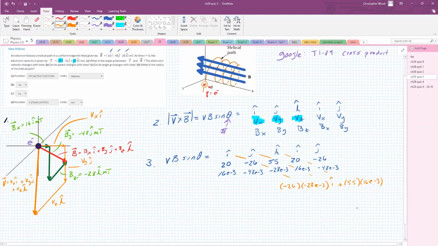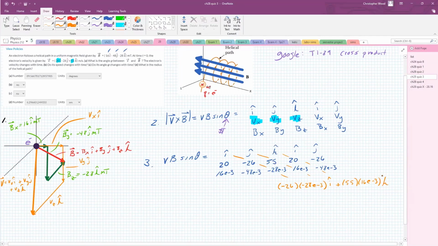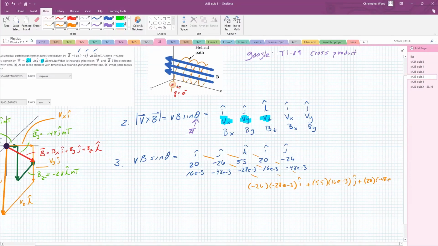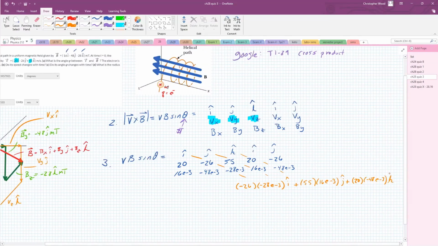I'm leaving off units because I know what they are. 55 times 16 e minus 3 j hat, sorry. And last but not least, plus 20 times negative 48 e minus 3, and those units would be k hat. And then I'm just going to double check.